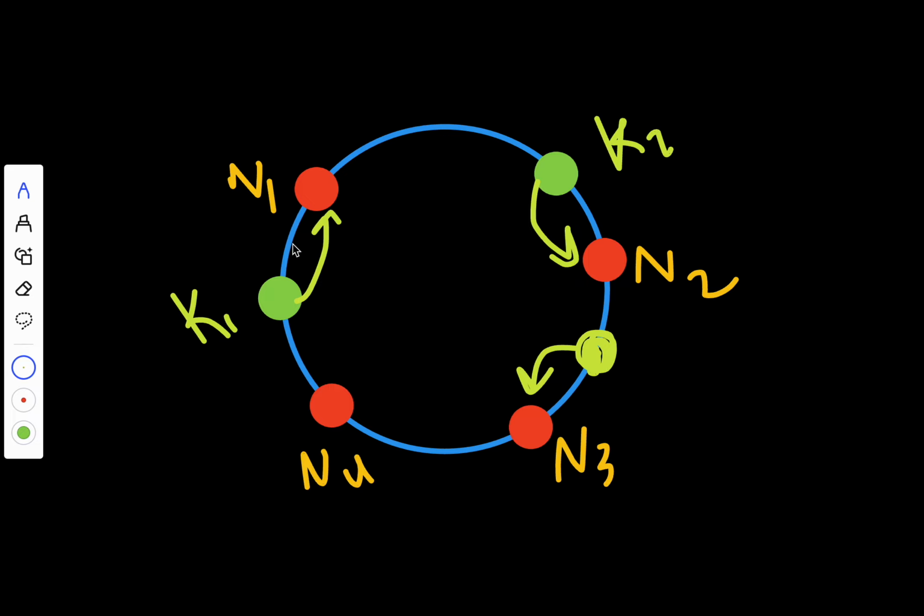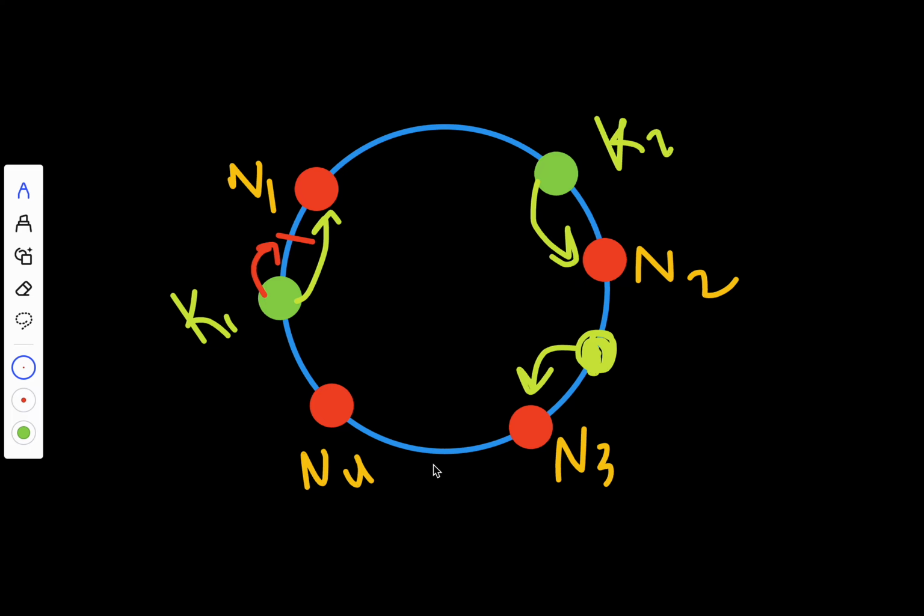So, for example, if we want to add a new server here, key 1 will be reassigned to this new server, and all the other data and servers will remain unaffected at all. So it's easy to add more servers.